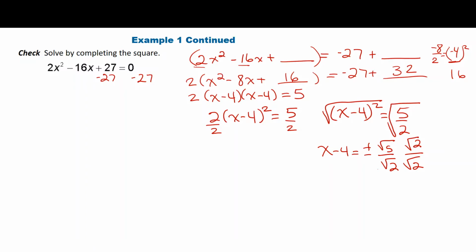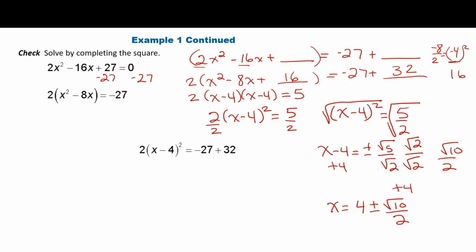All right, and so square root of 2 times square root of 2 equals just 2, over square root of 10. Okay, so now we're getting close. So let's add 4 to both sides, plus 4. So we end up with x equals 4 plus or minus square root of 10 over 2, which was our original answer on the other page. Okay, and here it is just written out nice and neat for you. Okay, next.